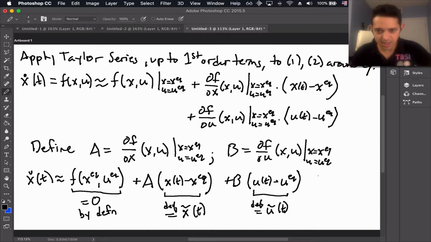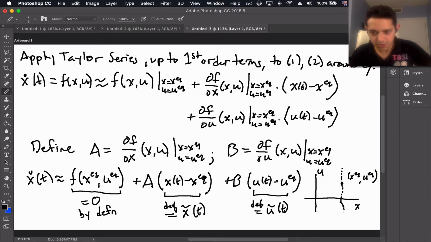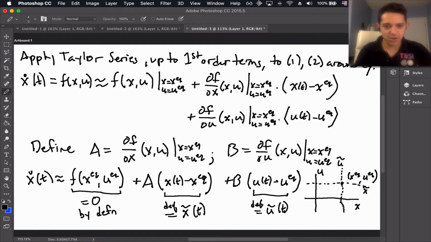So what's going on here is if we plot the equilibrium value of x and u, and it happens to be here, all we're doing is translating the coordinate system such that the equilibrium values are at the origin of this transformed coordinate system denoted by x tilde and u tilde. So that's all that's happening there.